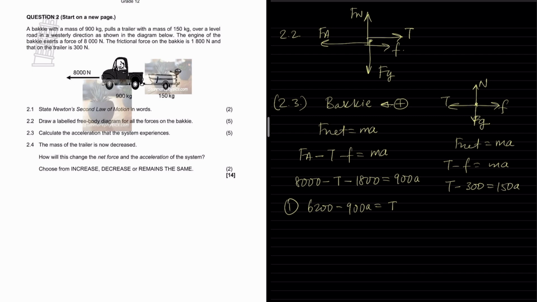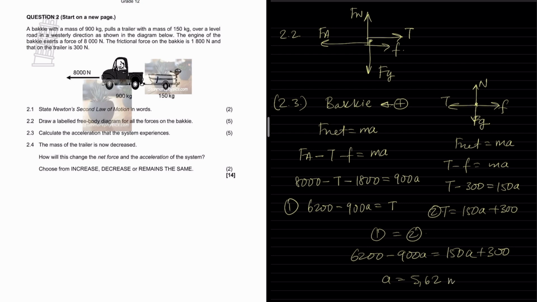Now write it in terms of T. T is equal to 150A plus 300. That's equation 2. Now we can equate equation 1 and 2. So 6,200 minus 900A is equal to 150A plus 300. Now we rearrange and solve. We get acceleration is 5.62 meters per second squared. Since it's positive, it means it's to the left.